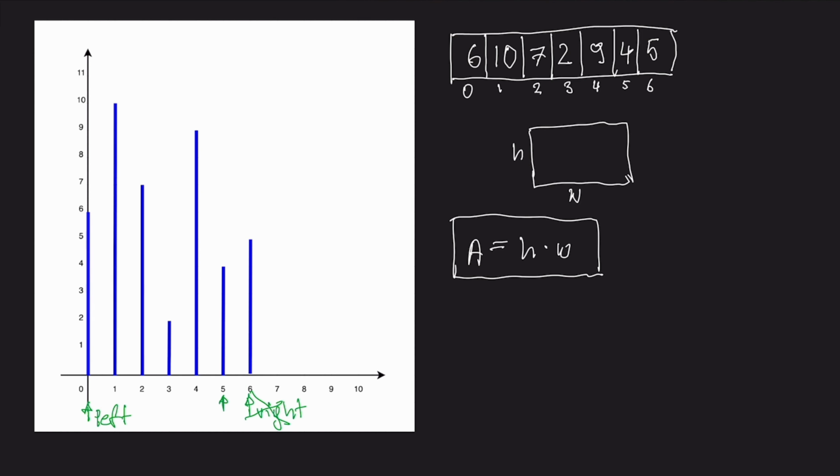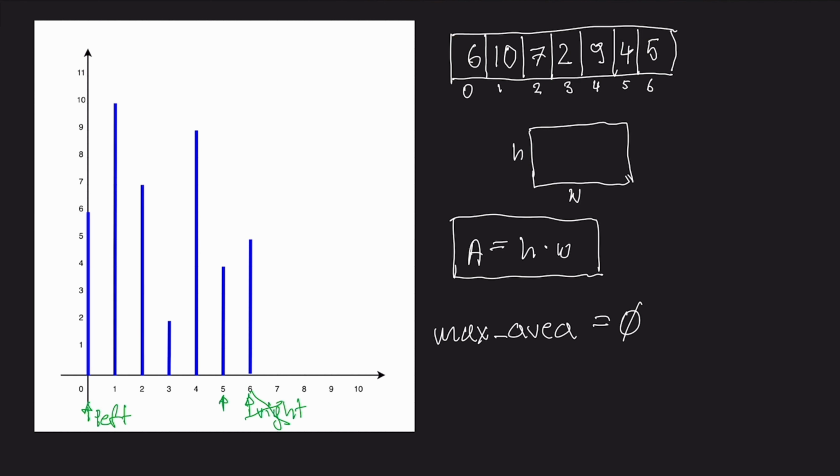And again, we would compute the area, and like before, we need a variable to track the maximum so far area. So we can have a variable, let's call it max area. At the beginning, we will initialize it to 0. And each time we compute the area of our rectangle, we will compare it with max area.